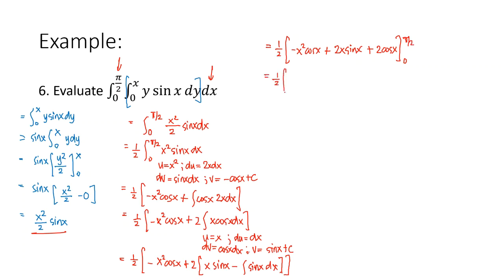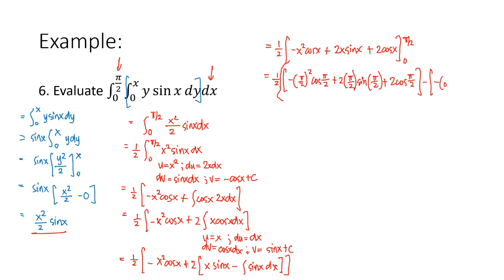So substituting, we have negative pi over 2 squared cos of pi over 2 plus 2 times pi over 2 sine pi over 2 plus 2 cos pi over 2, minus the lower limit.